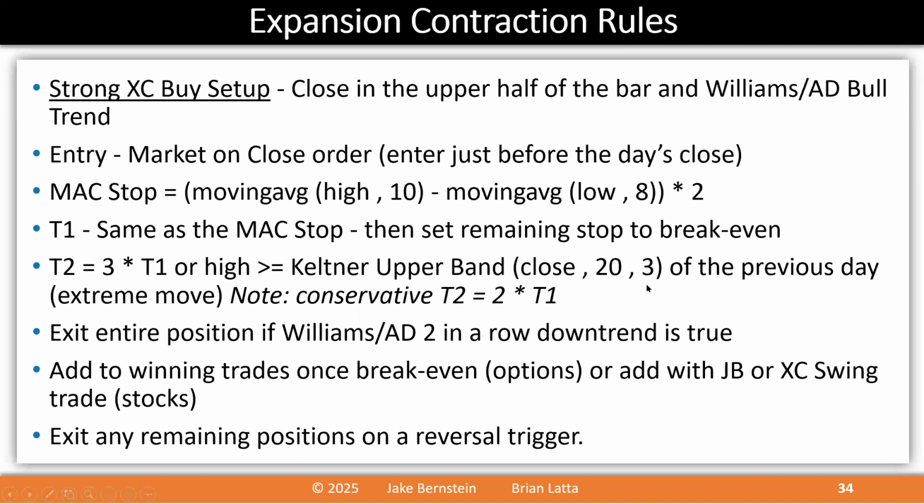And because you were seeing some Keltner channels on my chart, something Jake doesn't use, the reason I'm using Chester Keltner's channels is that I want to know where price should be most of the time. And when the Keltner channels were originally defined, the 3 factor that you're seeing here should contain price most of the time. So if I've got a 3 times T1, or if today's high is greater than the extreme price range, then I do want to take some profit there.